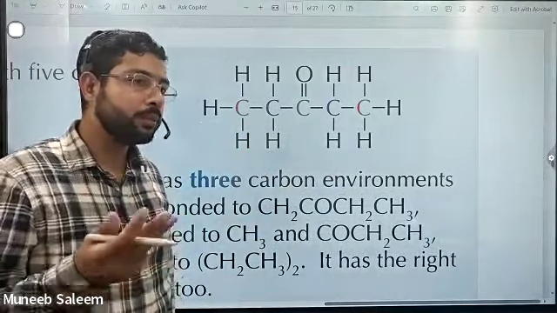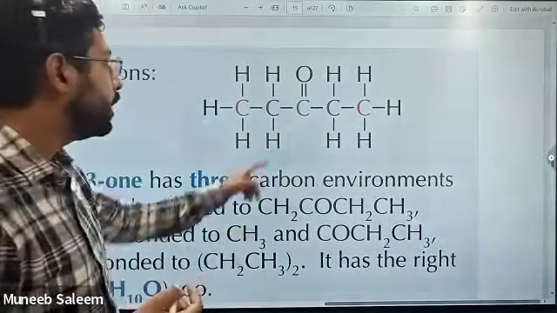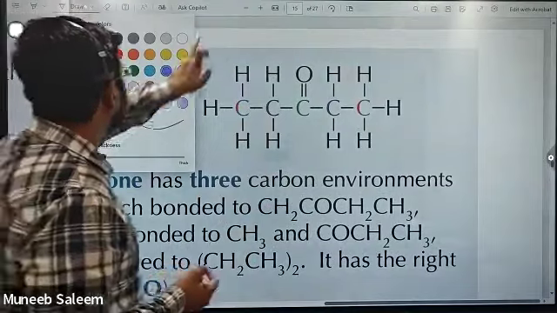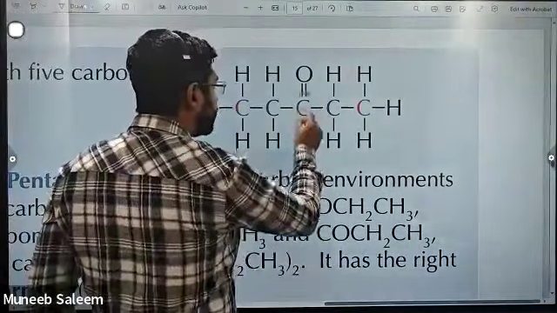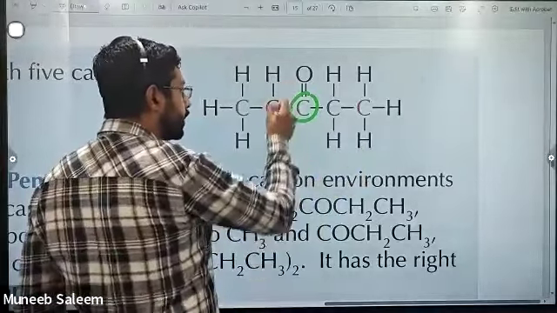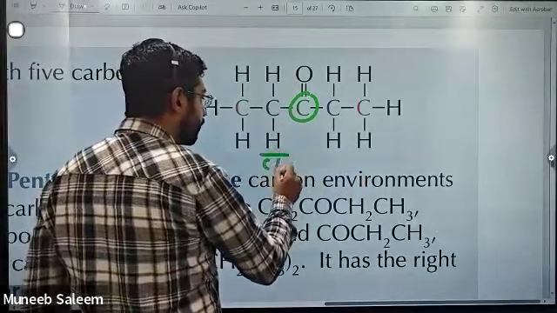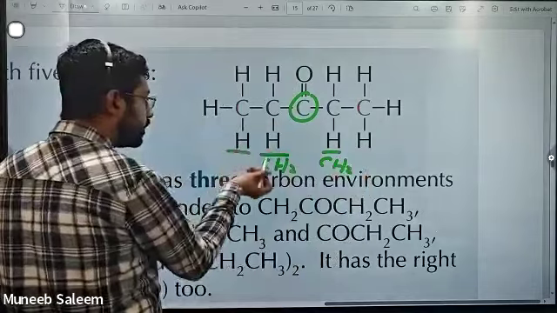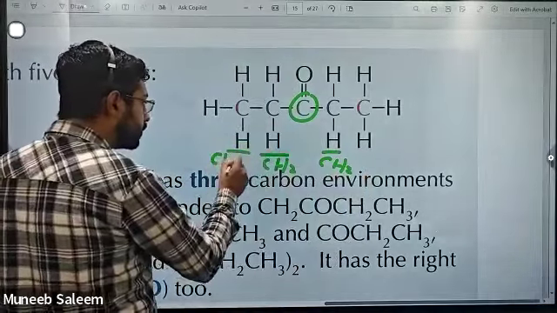Let's suppose I start from the carbon which is colored green. The carbon colored green has equal types of groups on either side. It has a CH2 group on this side and a CH2 group on the other side. It has CH3 which is bonded with the CH2.